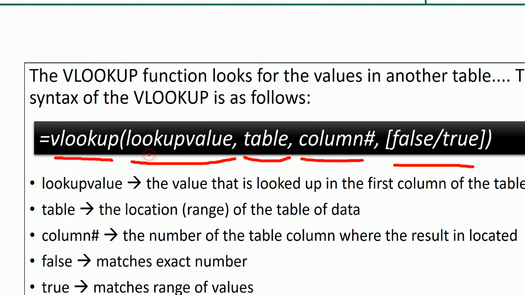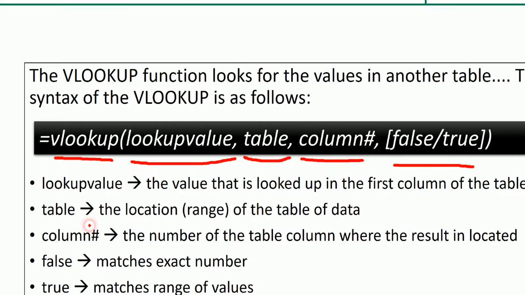So let's say if my lookup value approximately matches with my target value, then return the value to me. In that case, I would set it to true. And if it is false, then there is no flexibility. It will only retrieve the value if it exactly matches.